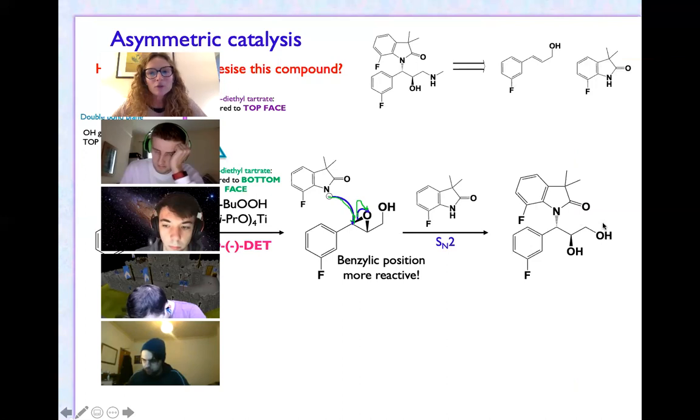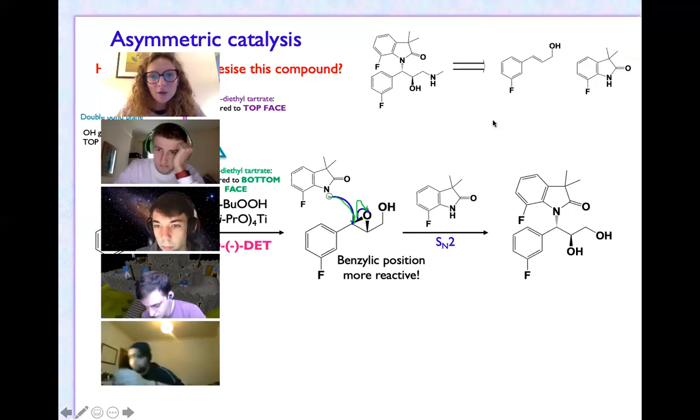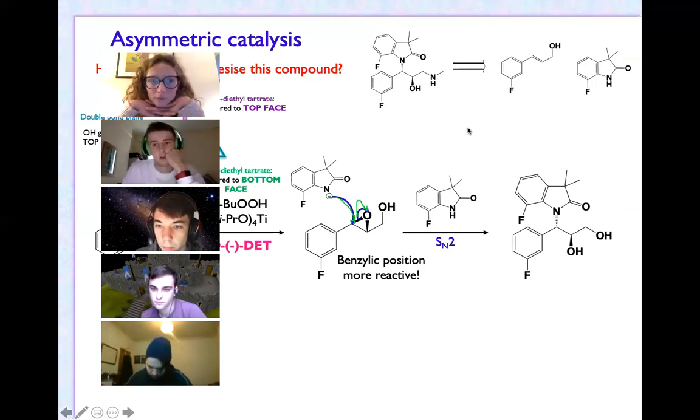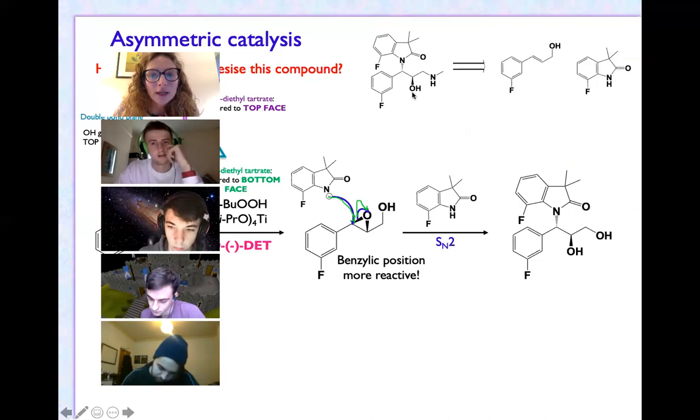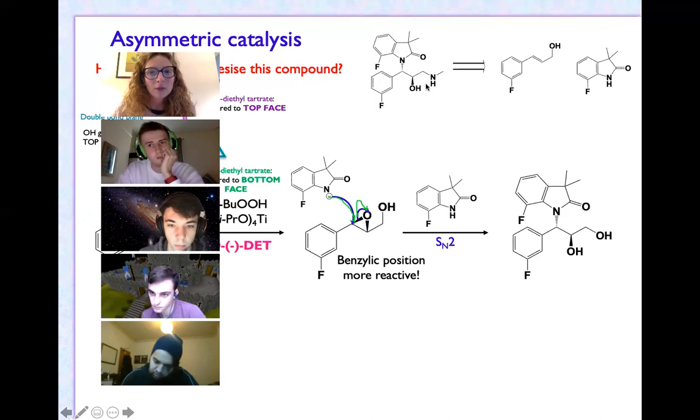Now we have this nice intermediate. What can we do, guys? Let's look at the structure of the final product. What would you do? So we have created this situation, a hydroxyl group here and a nucleophile, let's call it this way, on the other side of this CH2CH2, using an epoxide. What can we do to obtain this kind of situation on this side of the molecule, guys?